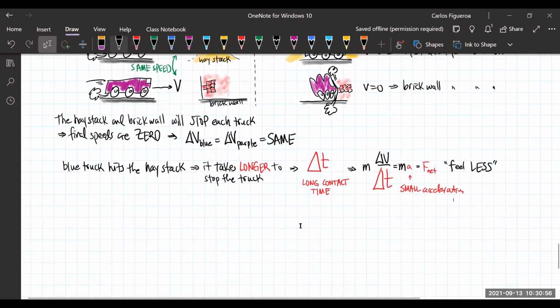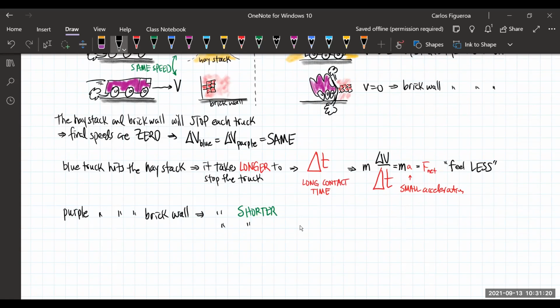Now, if I continue to move on here, what about the purple truck? When I look at the purple truck, it hits the brick wall, so that it takes what? Shorter to stop the truck. What does that mean? Well, in this case, we have a tiny contact time. In other words, a short contact time.